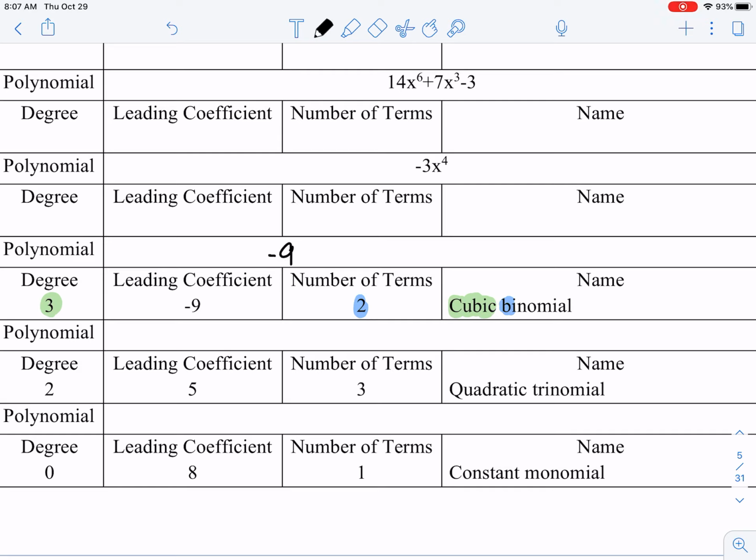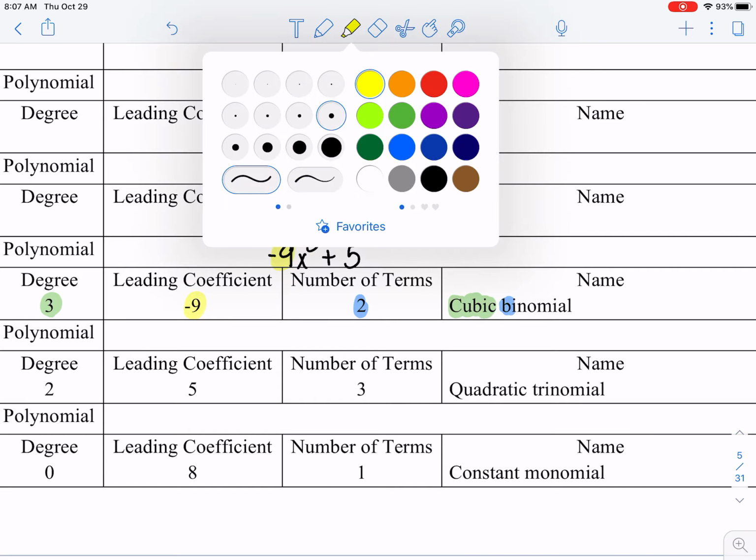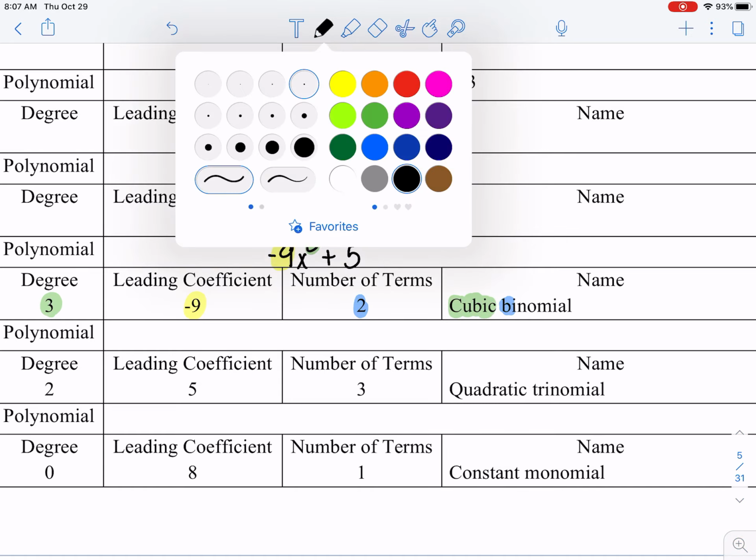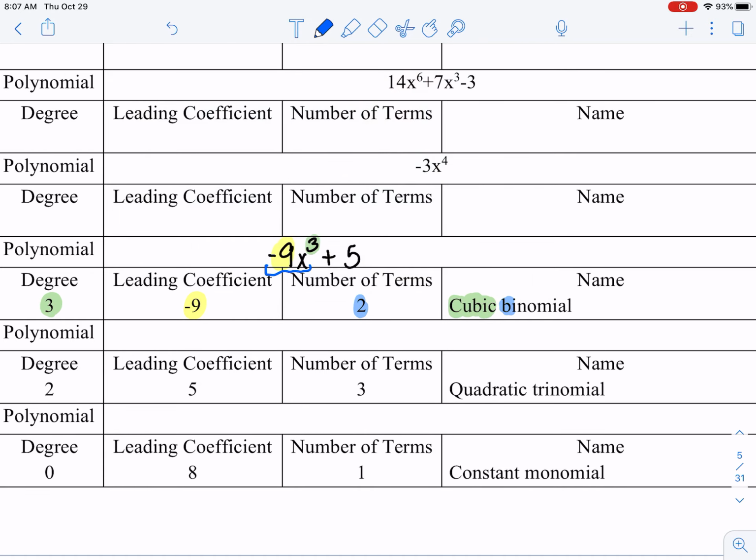So -9x, my degree must be 3, or my exponent is 3. It doesn't tell me what my constant is, so I'm just going to do plus 5. Right, this satisfies everything because my leading coefficient is -9. My degree is 3. And I have 1, 2 terms.